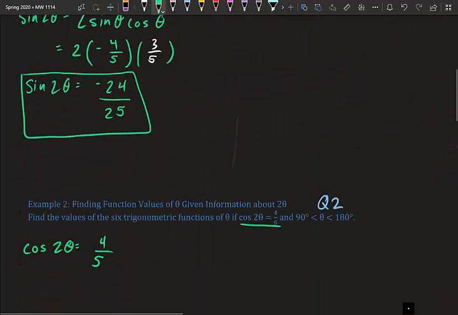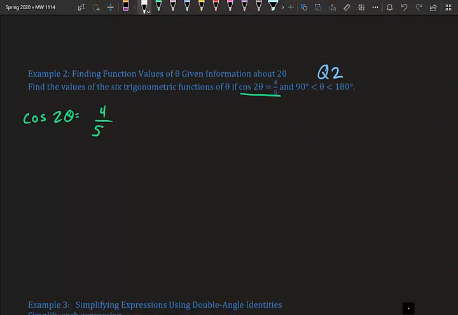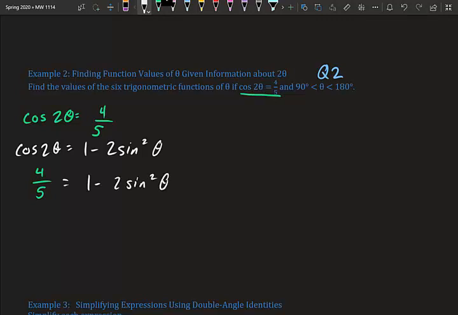For me, I used the identity cosine 2 theta equals 1 minus 2 sine squared theta. So I know what cosine 2 theta is. It's 4/5. And that equals 1 minus 2 sine squared theta. Now all we need to do is solve for sine.